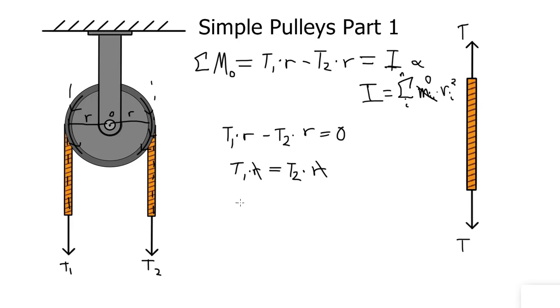So for almost all your problems, as long as it's the same rope, it doesn't matter if it's going around a pulley or not, the tension is going to be the same, because you consider the mass of the rope negligible, and you also consider the mass of the pulley as negligible as well. That's all I have to show for this video, and I'll see you in part 2 then.